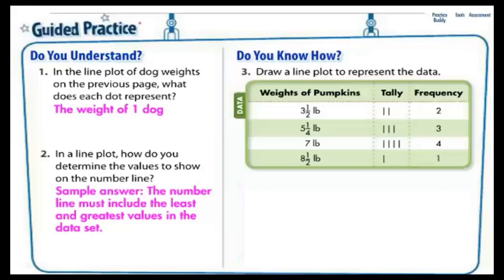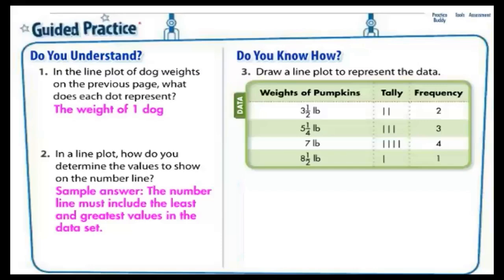Okay, now, are you ready for question number 3? Yes, it's a very important one in our lesson. The most important one in our lesson is question number 3. We are still in page 707, guided practice, question number 3.